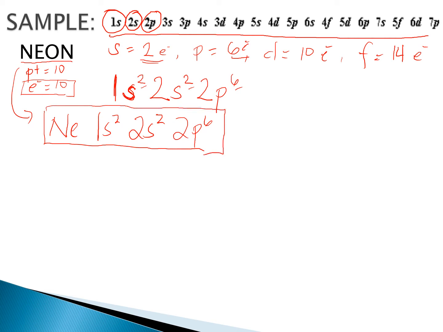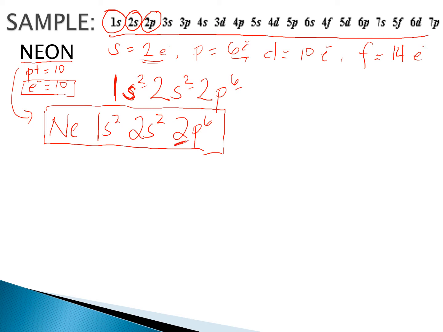Okay? Now, there is some information that we could use, no? By just looking at the electronic configuration of the element. So take a look. What is the biggest number that we can see on its electronic configuration, or rather energy level? So we have 2, right?